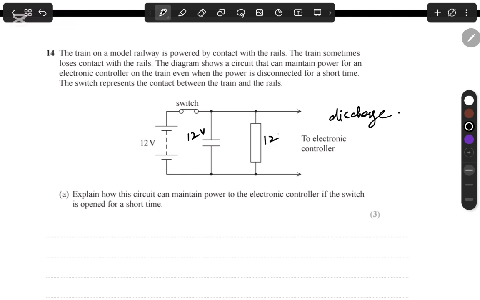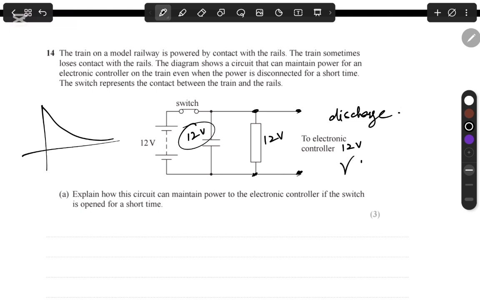That means the potential difference across the resistor and the controller is going to be 12 volts. But the voltage of the capacitor is going to decrease like this, and that also means that the potential difference across the controller and the resistor is also going to decrease.